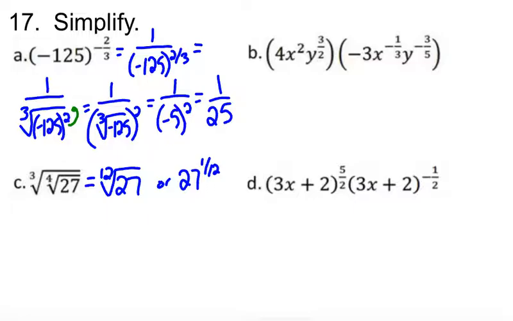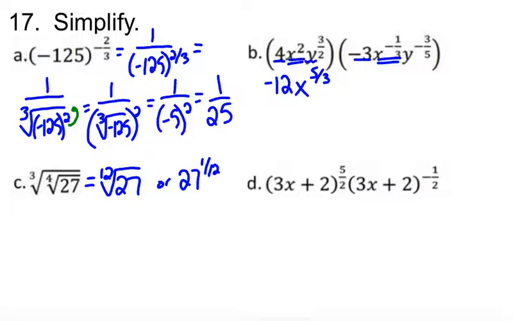Okay, in B, there's multiple ways you can go about this. I think what I'd like to do is put everything together and then I'll work on cleaning it up. So first I'm going to multiply 4 times negative 3. And then x squared and x to the negative 1/3, I'm going to add those exponents. So 2 plus negative 1/3, that's going to be 5/3.